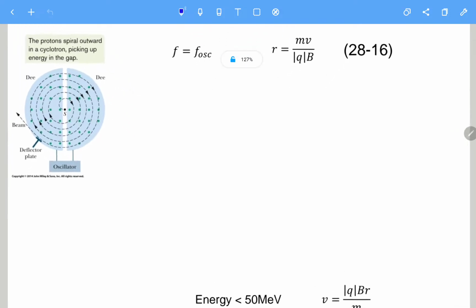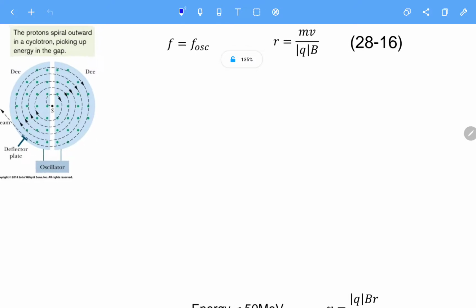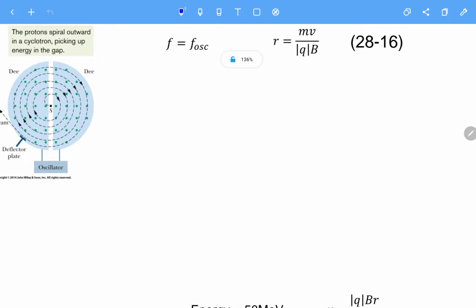So the idea is, suppose we have a gap in between. And then we assume the source is here, and it emits a particle, say a proton, which is a positive charge, to the left side, and there is a B field pointing out of the page.